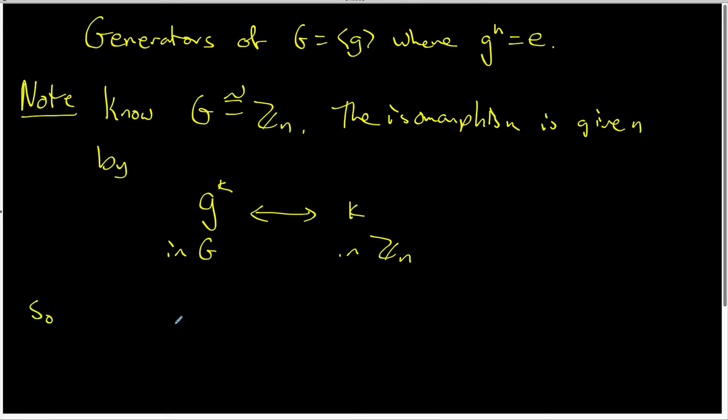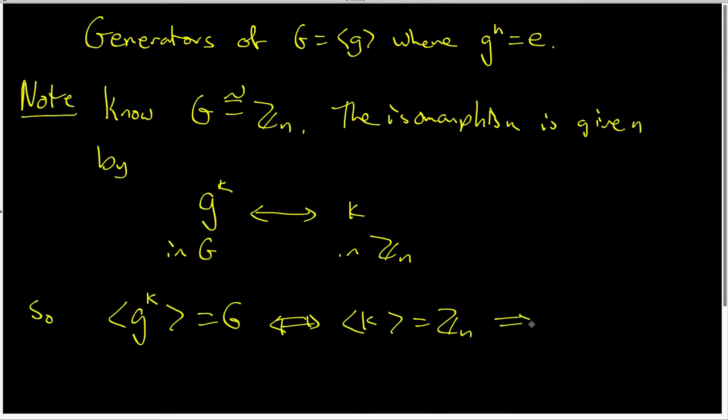So what this tells me is that g to the k is going to generate all of G if and only if k generates all of Zn. But I know from the previous video that k as a generator in Zn happens if and only if the GCD of n and k is equal to 1.